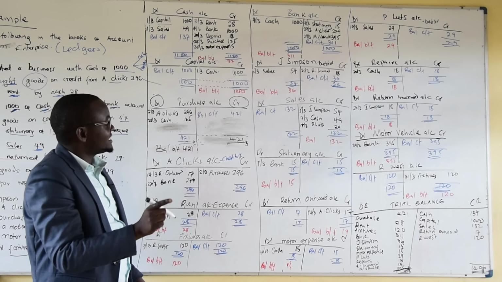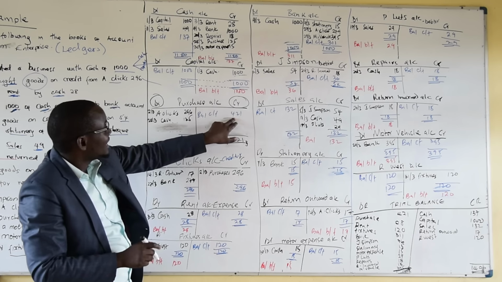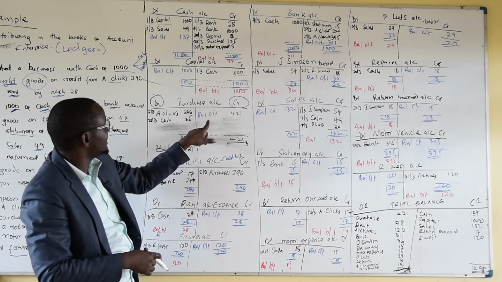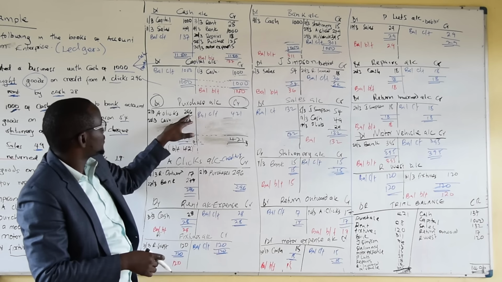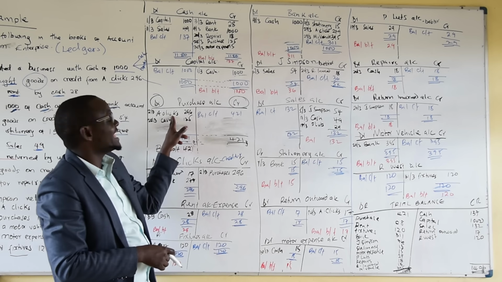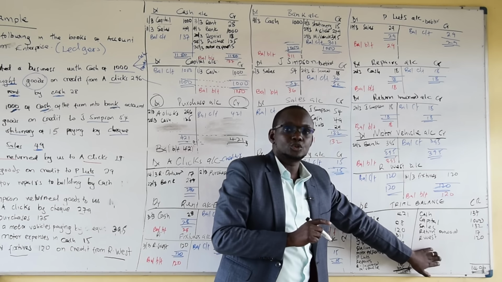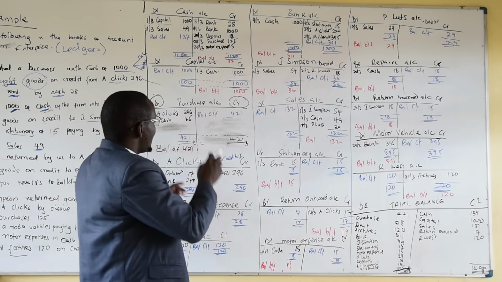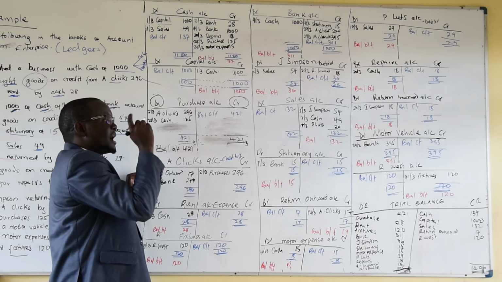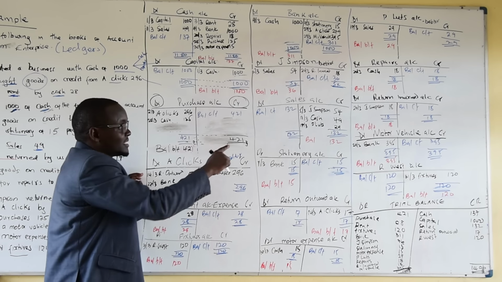The other common mistake is that you debit one account, like this 421, and you don't put it in the other account. You can see, like this 296, you put in the purchase, but you forget to put it in the other account. That one will make your trial balance not balance. So every figure you have written here should be accompanied somewhere else in the ledger.